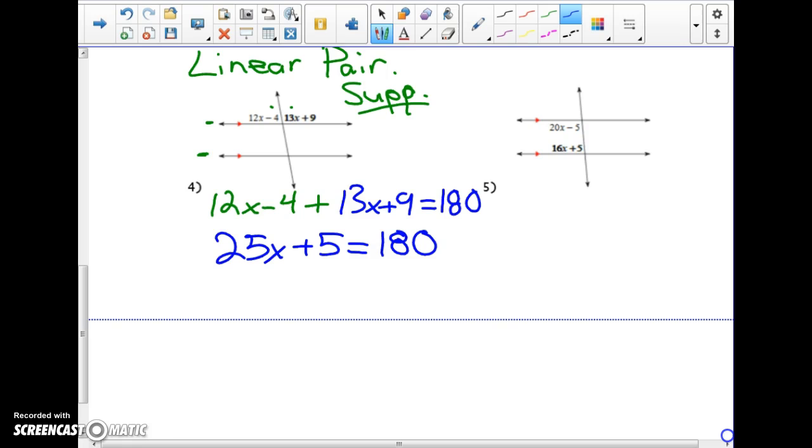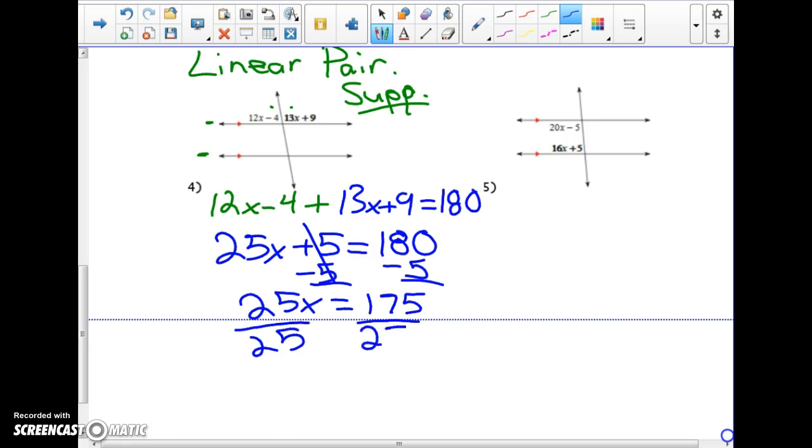Keep going, trying to solve for my x. I'm going to subtract 5 from both sides. That gives me 25x equal 175. Divide both sides by 25. I get that x is equal to 7.